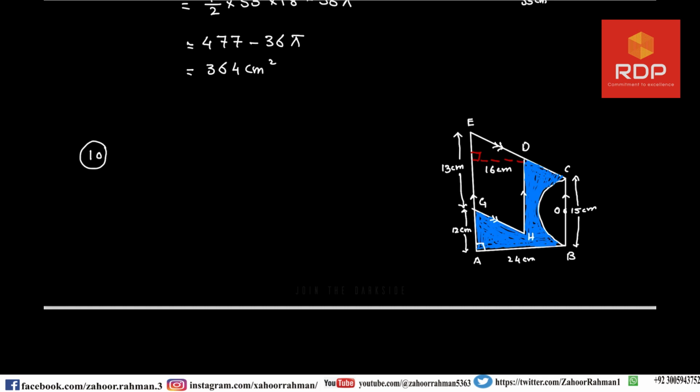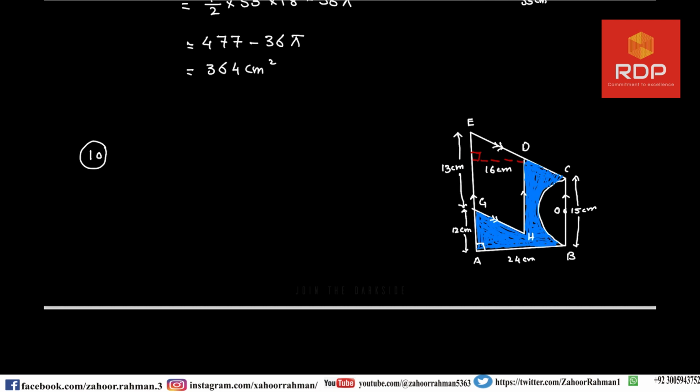BOC is the diameter of the semicircle with the center O. If AB is equal to 24 centimeter, BC is equal to 15 centimeter, EG is equal to 13 centimeter, AG is equal to 12 centimeter, and DF is equal to 16 centimeter. Find the area of the figure.